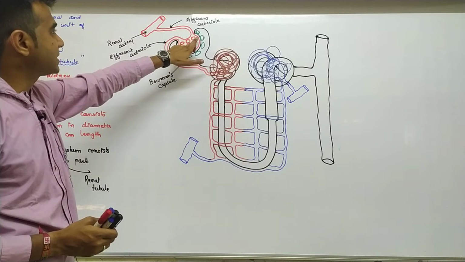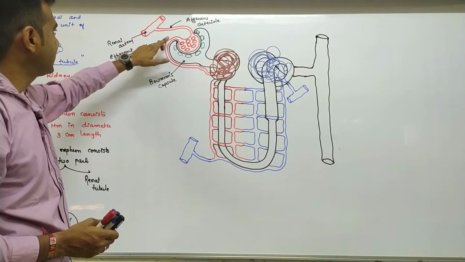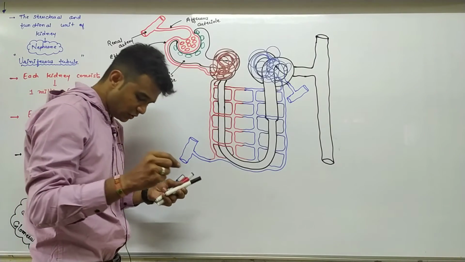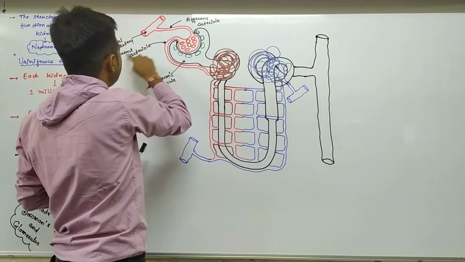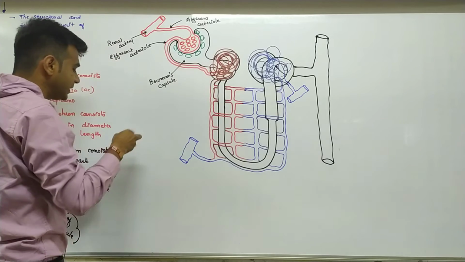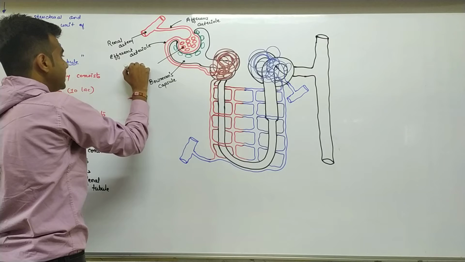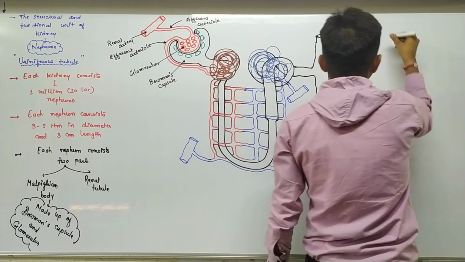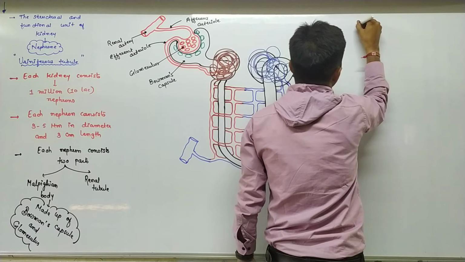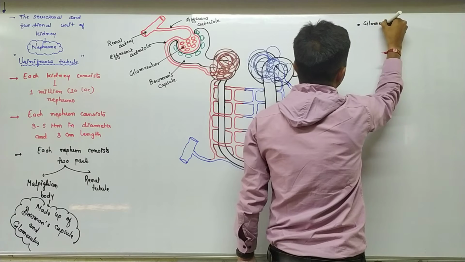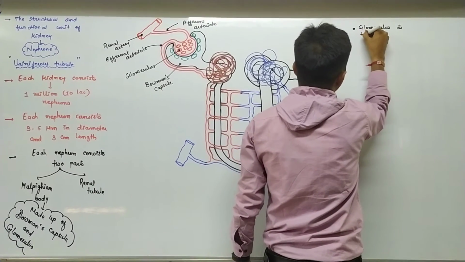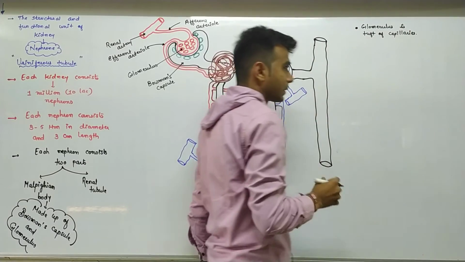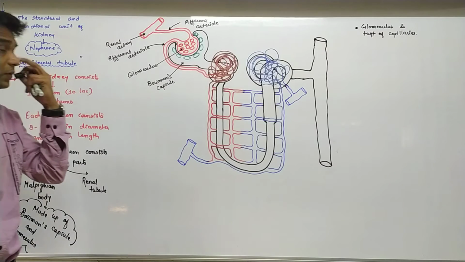The artery entering the Bowman's capsule is known as the afferent arteriole. The artery coming outside from the Bowman's capsule is known as the efferent arteriole. The small capillaries of the afferent and efferent arterioles form a network-like structure inside the Bowman's capsule, known as the glomerulus. The glomerulus is a tuft of capillaries.